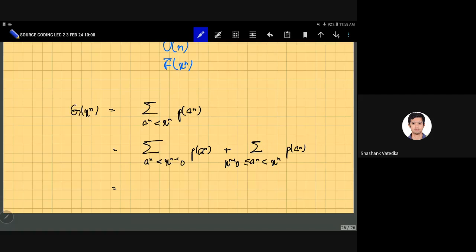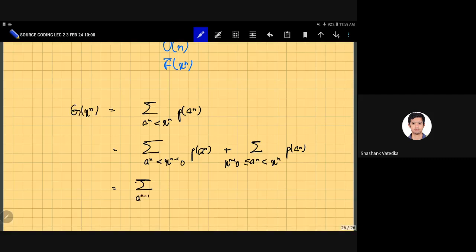Okay, so I can write this as a summation over all a^(n-1) less than x^(n-1) and a summation over all a_n of p of a^n, plus, in the second term, the first n minus 1 symbols is always x^(n-1), and it's only the nth symbol which varies, right?